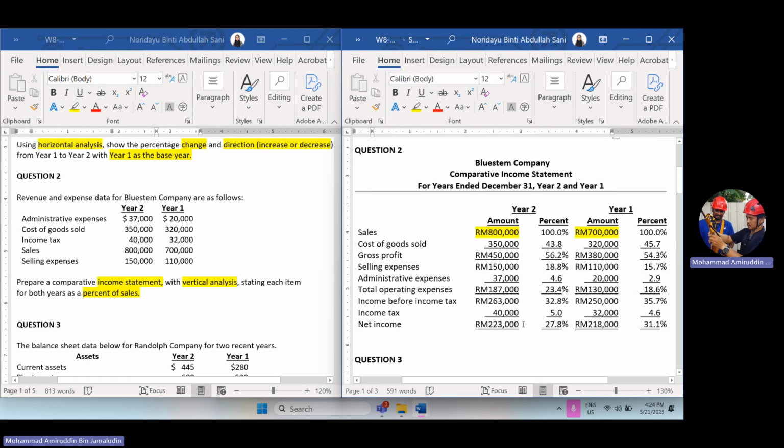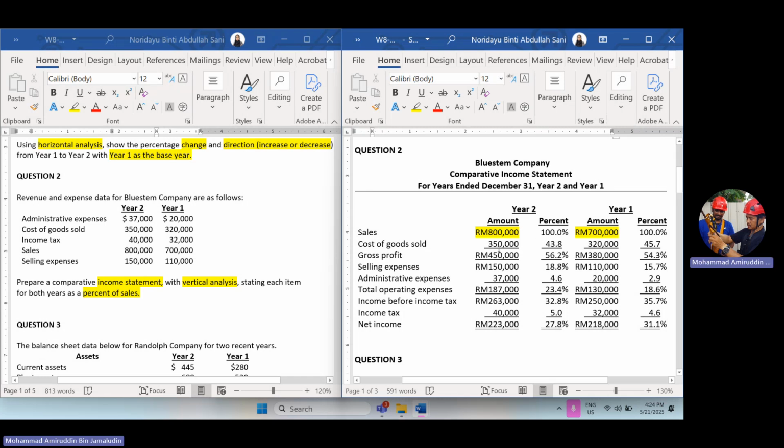This is the format: sales minus COGS, you get gross profit, minus all the expenses you get profit before tax, and then we minus the tax, we get the net profit or net income. This format will not be provided in the exam. You have to prepare it.